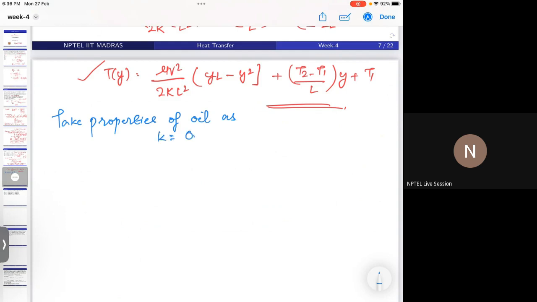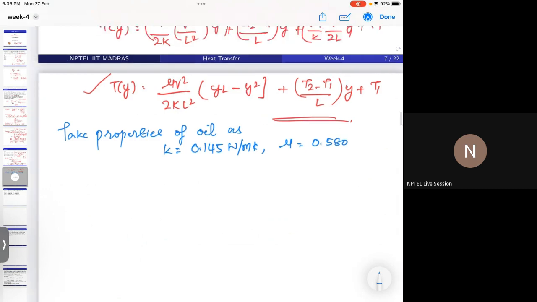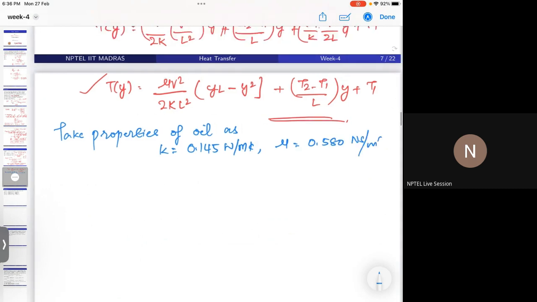K is 0.145 watt per meter Kelvin, and mu is equal to 0.580 Newton second per meter square.